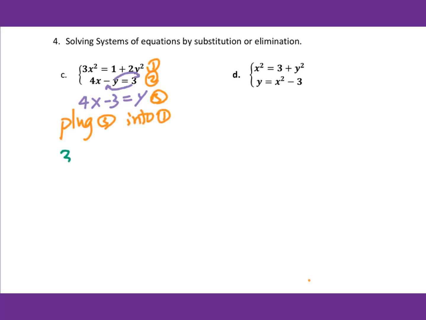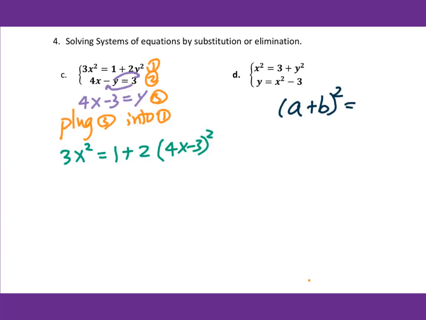You will get 3x squared equals 1 plus 2 times (4x minus 3) squared. You still need to use (a plus b) squared equals a squared plus 2ab plus b squared. Therefore, for (4x minus 3) squared, you got 16x squared minus 24x, 2ab, that's negative 24x, plus 9.